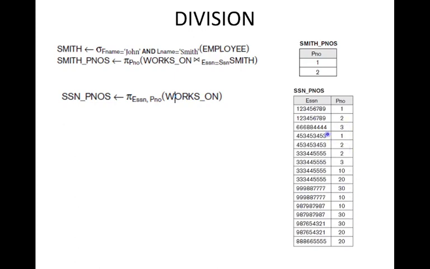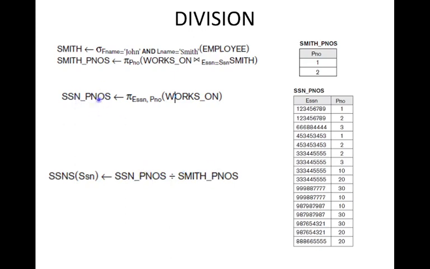Now we have to find only those employees who are working on project numbers 1 and 2. So 1, 2, 3, 4, 5, 6 is working on this project. Then 434353 is working on projects 1 and 2. Now these are the two employees working on this project. So what we have to do is take the SSN and perform this division operation.